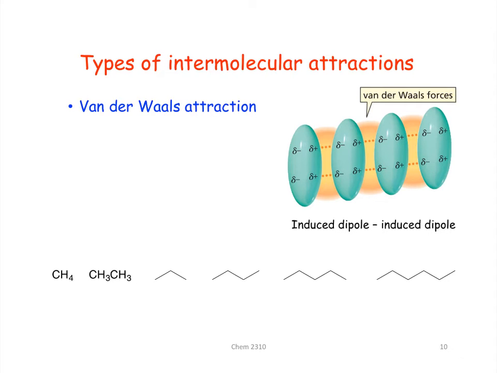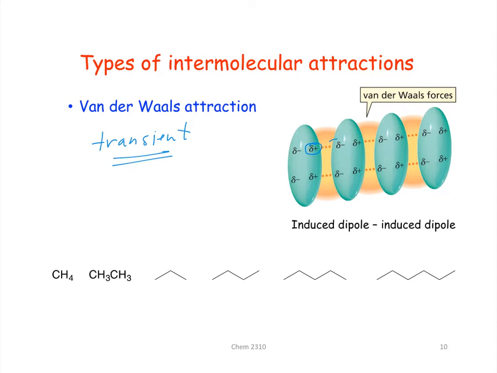So for van der Waals interactions, what we essentially have is molecules, when they bump into each other, they kind of push the electrons around, and we have a transient interaction. So this is very short-lived. We push the electrons around, and so we generate a partial plus on one part, and that bumps into another.